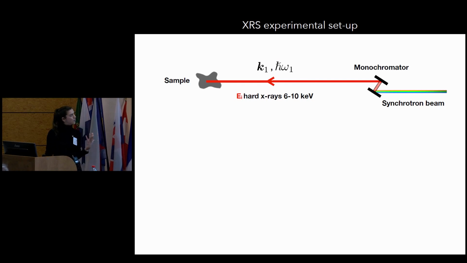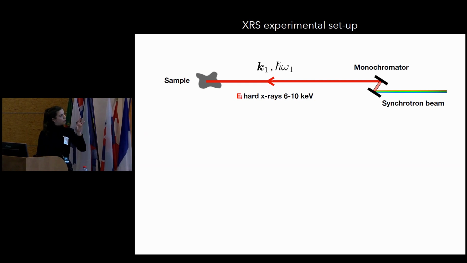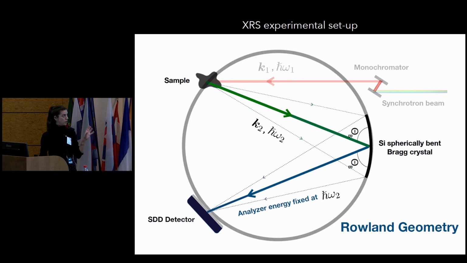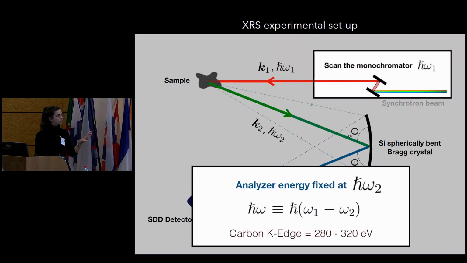So in a simple experimental setup, we have the monochromatized synchrotron beam, a hard X-ray beam that interacts with the sample, and then we detect the scattered photon using a silicon spherically bent crystal system. The sample, the crystals, and the detector all follow a Roland geometry.